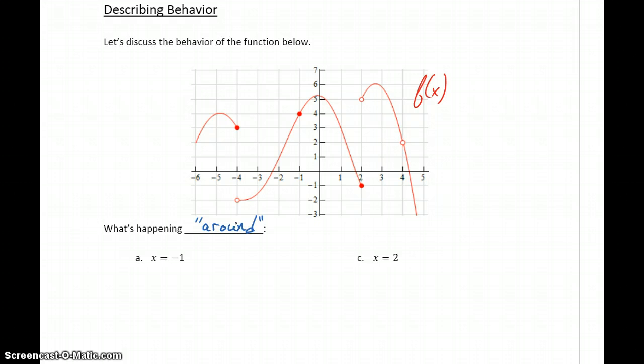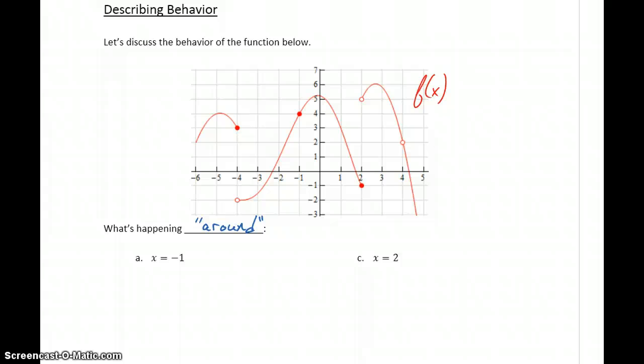So I've got that around in quotes because, again, we're not getting into any formal definitions yet, but by around what we mean is what's happening at that point, what's happening as we approach that point. So again, just the behavior of graphs.